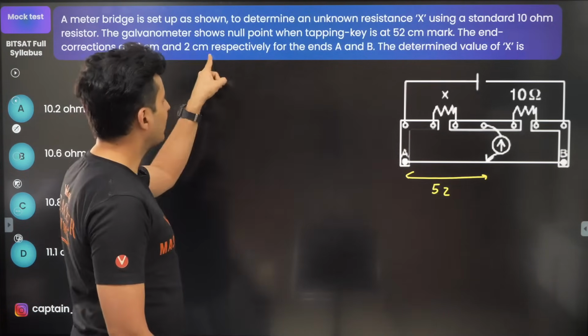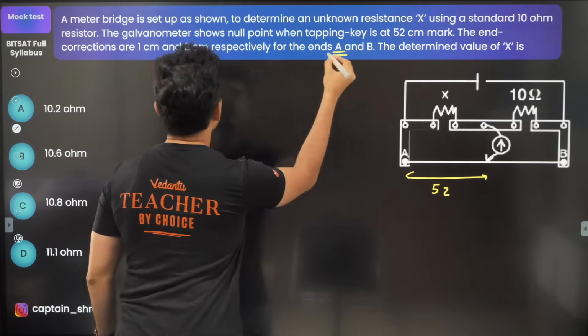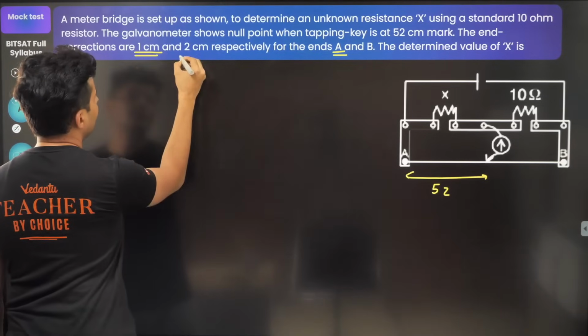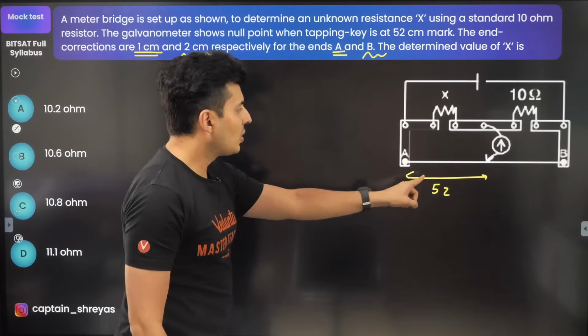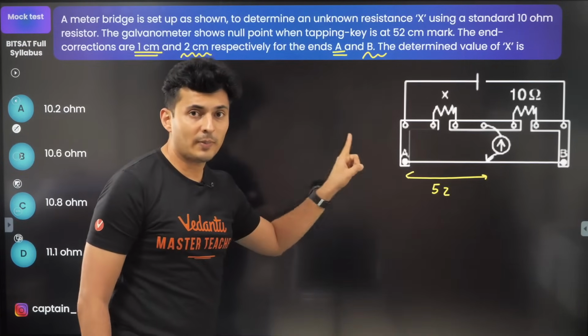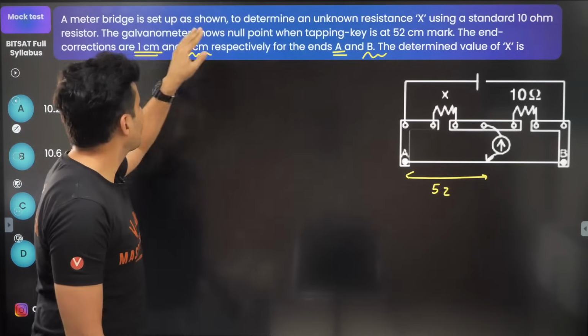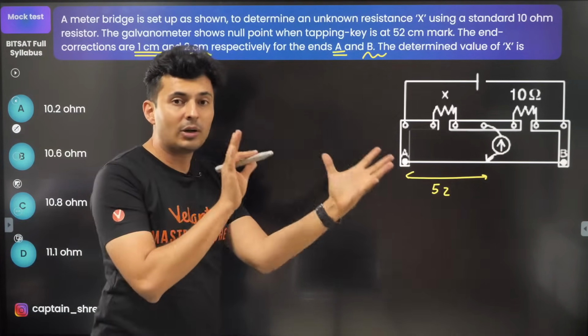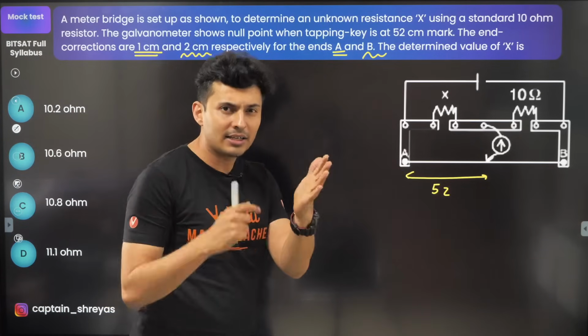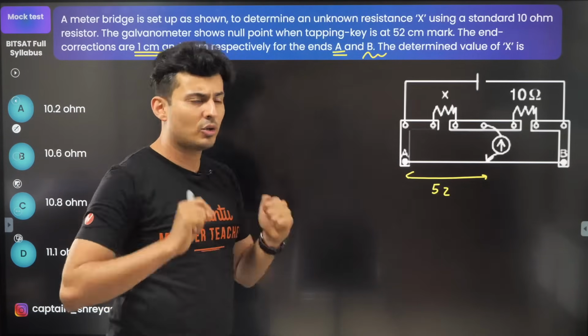At A, the end correction is 1 centimeter and it is 2 centimeter at end B. So whenever you measure the length from end A, make sure you add that extra 1 centimeter, which is equivalent to that extra resistance at that junction because of the wire being joined over there.